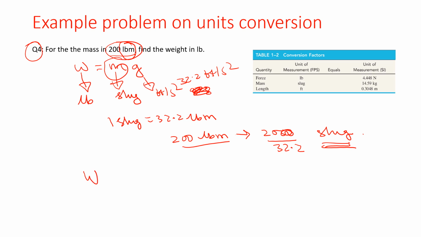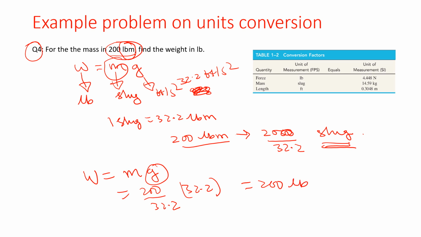The weight would be, again, coming to the basic equation, mass multiplied by acceleration due to gravity. So mass in slug is 200 divided by 32.2, and then acceleration due to gravity is 32.2. So it gives you 200 pound. So here 200 pound mass is 200 pound.